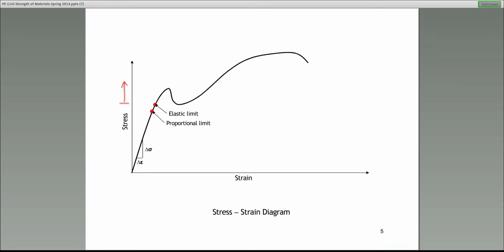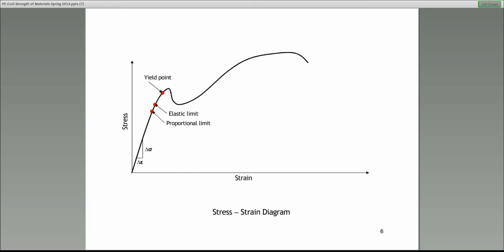However, if you place a load on the material, it causes some deformations, let's say some change of shape, and then you remove the load, but the material does not go back to its original shape. In other words, some of the displacement remains. That is called inelastic or plastic behavior.